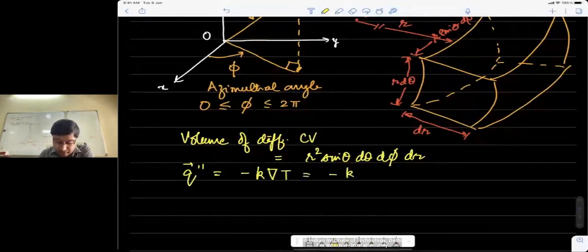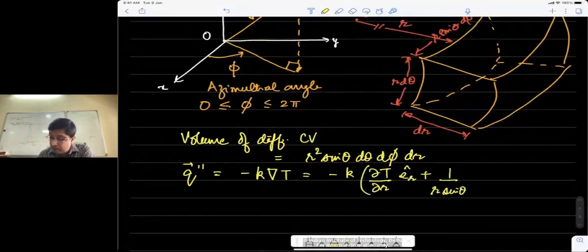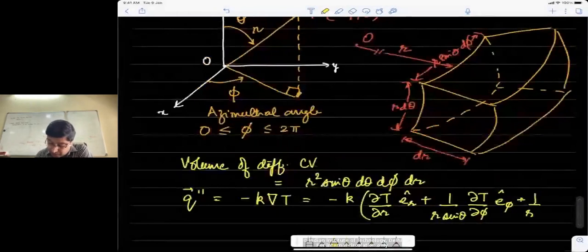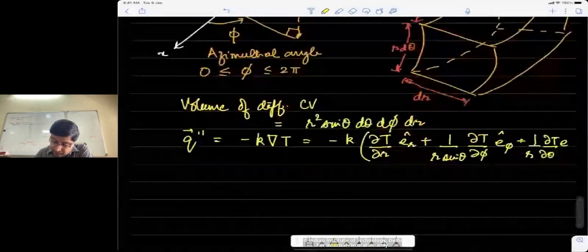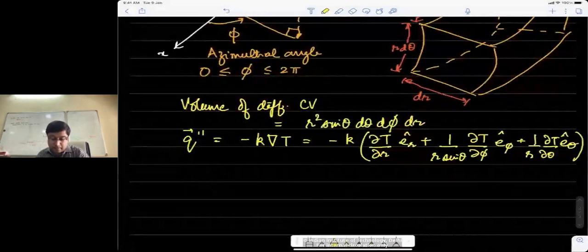So we'll have minus k dT/dr e_r cap plus 1 by r sine theta dT/d phi e_phi cap plus 1 by r, because one side is r d theta, 1 by r dT/d theta e_theta cap. That is the way we can write flux in this direction.